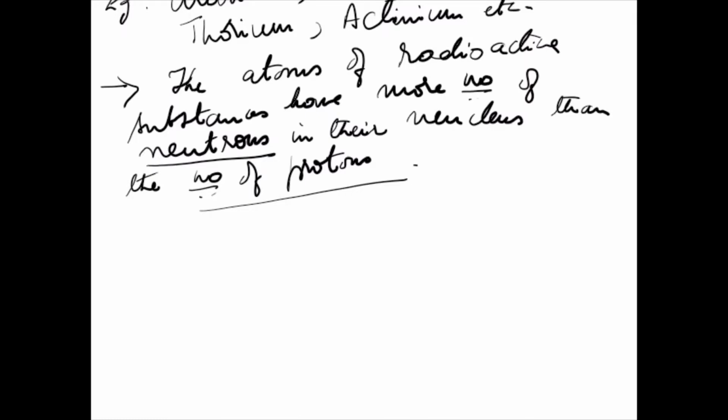The neutrons are the responsible agents. So radioactivity is basically a nuclear phenomenon. It is the process of spontaneous emission of alpha or beta or gamma radiations from the nucleus of atoms during their decay.